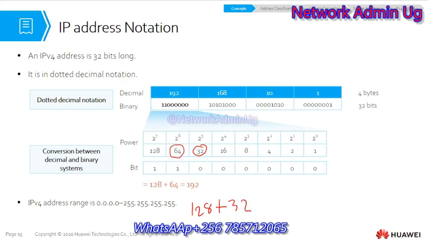I'm left with 40 minus 32, which is 8, and the 8 is right here. I add my 8. When I add these three numbers, I get 168. Therefore, if I want to write 168 in binary format, I turn on 128, turn off 64, turn on 32, turn off 16, turn on 8, and turn off the rest.